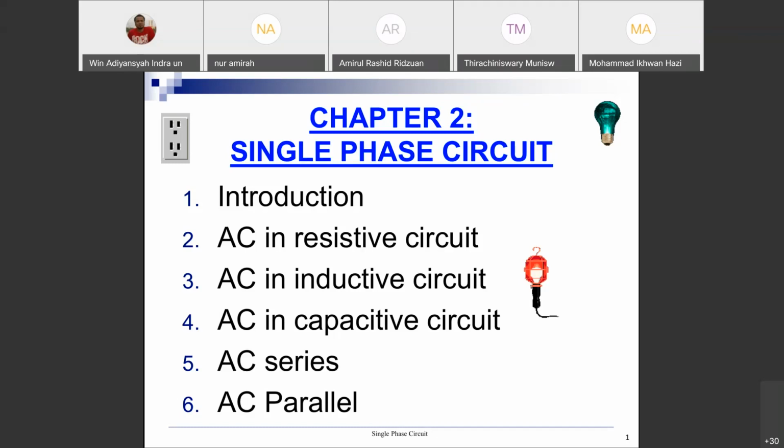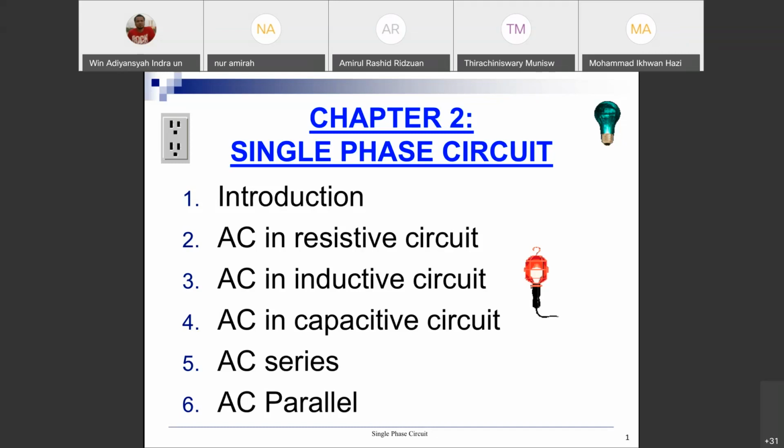If you connect L1, L2, L3 and neutral, all of them, that is three phase. Single phase is usually used in residences and homes, and three phase is usually used in industries. There are advantages and disadvantages of each phase, which we'll discuss later.